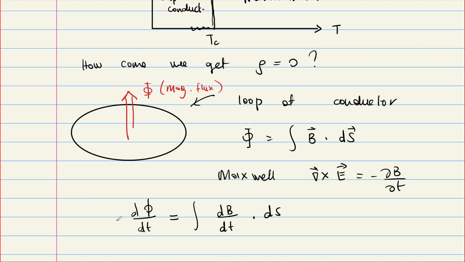Let me also put a minus sign here and a minus sign here. And this minus dB dt is the curl of E.